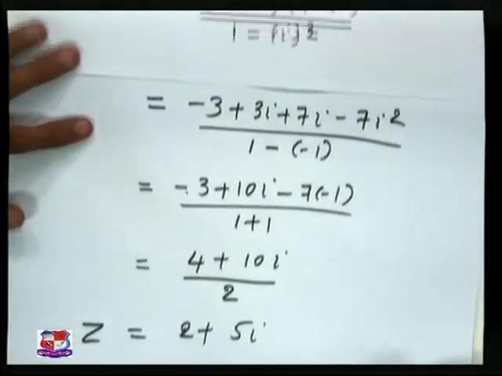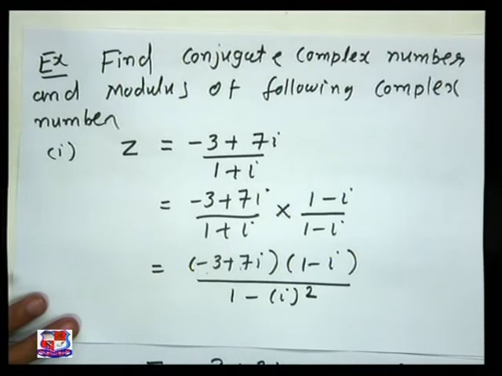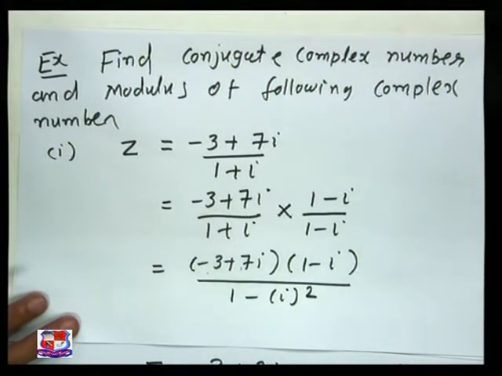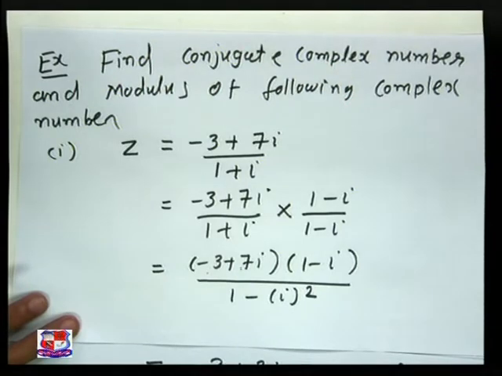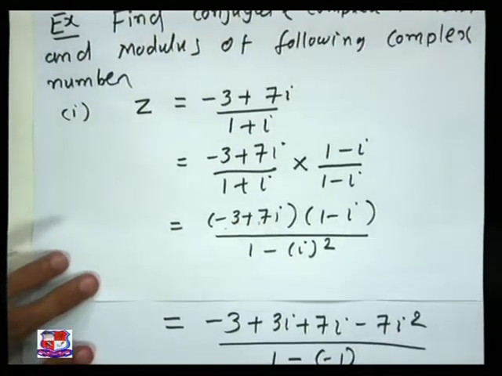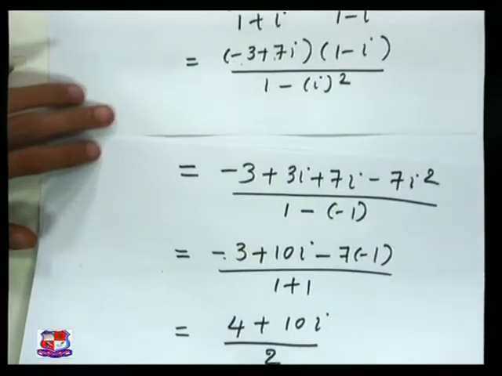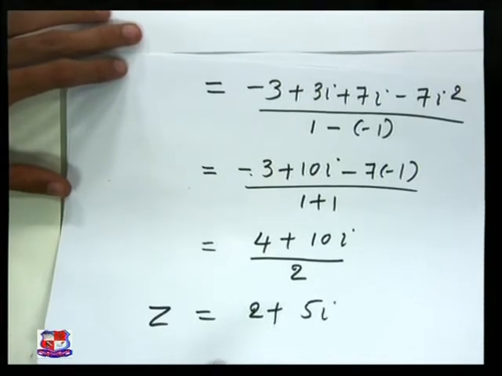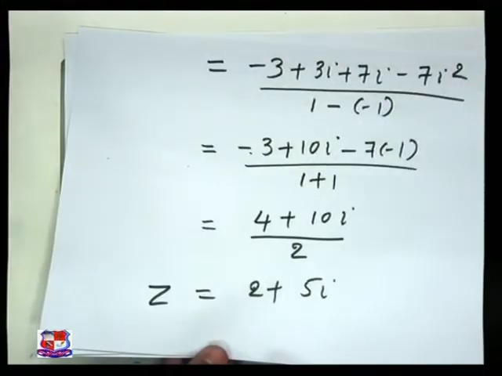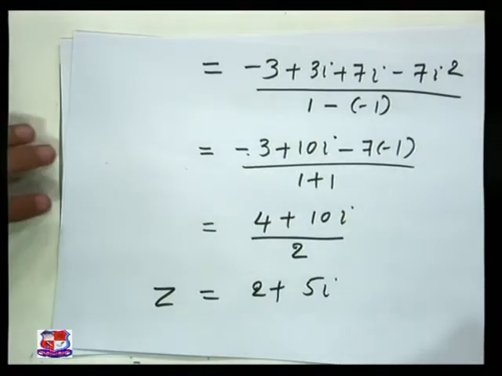This is our question: we want to find the conjugate complex and the modulus of this complex number. So first I convert this complex number into regular format, that is the x plus iy format, by this kind of calculation. In the end, I will get z is equal to 2 plus 5i.